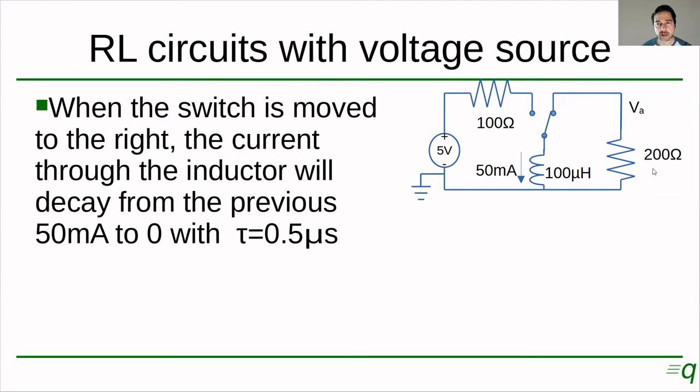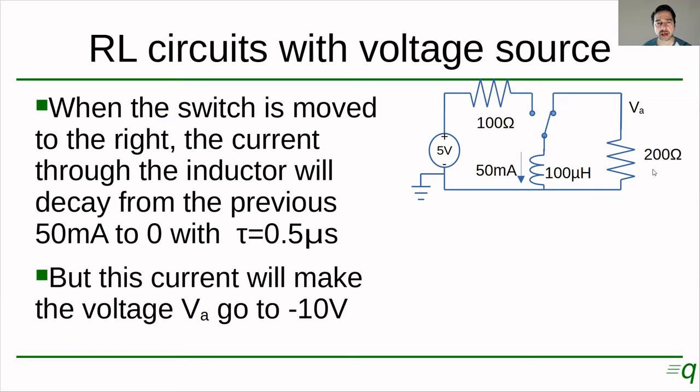Okay. But now there's something very interesting happening here. The current is flowing in this direction here, right? The current through the coil does not reverse direction initially, right? So if it was flowing from top to bottom before flipping the switch, when we flip the switch, it's going to keep flowing from top to bottom.